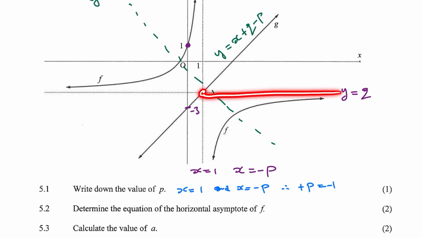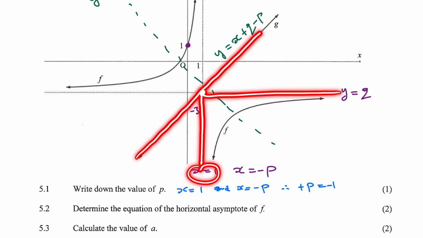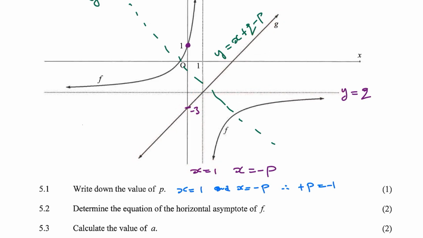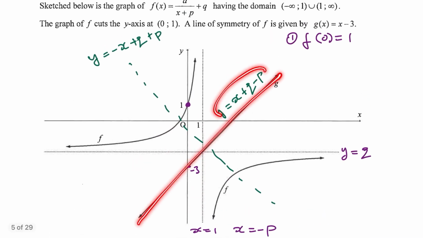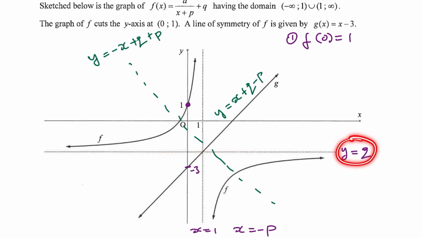However, this touches at this point, and we know the x value of this point is equal to 1, and it touches this axis of symmetry, which is already given as x minus 3. So if I substitute the x value, which is 1, I should get this y value, which is q.